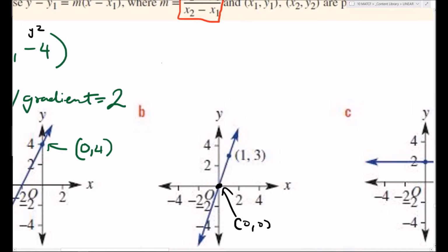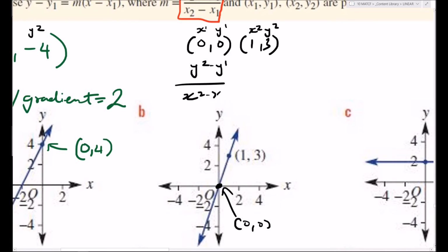So that means for my gradient, I've got my 2 points, 0, 0, and then I've got 1, 3. So this can be my x1, y1, and this my x2, y2. Remember my formula, y2 minus y1, x2 minus x1.